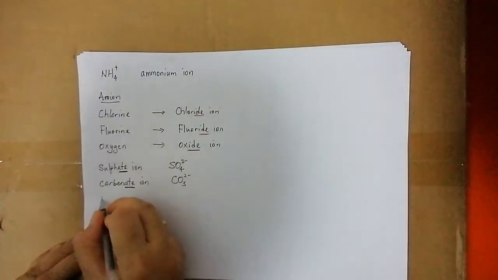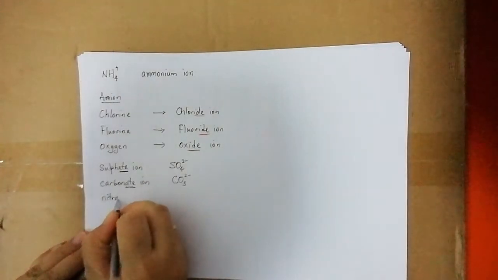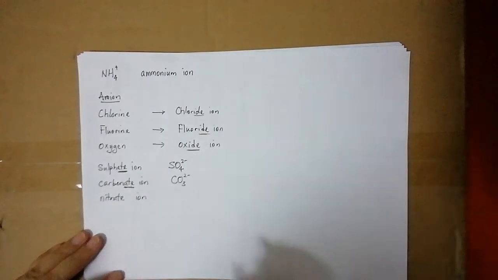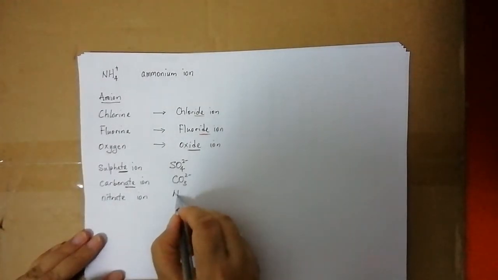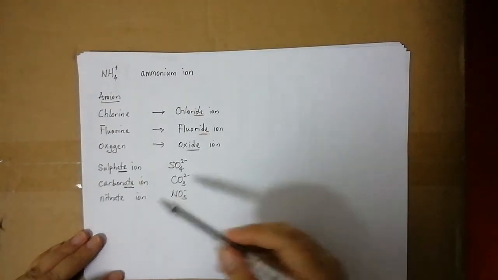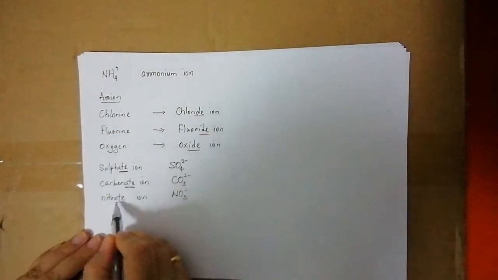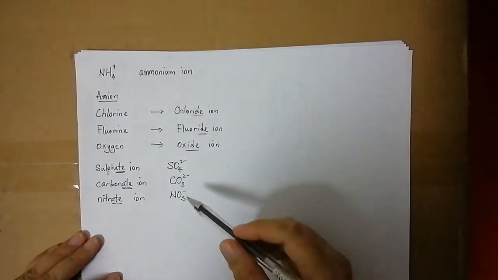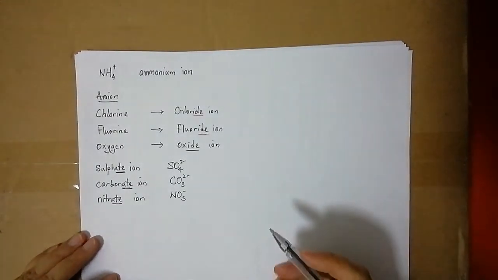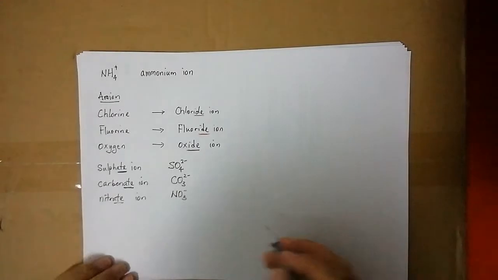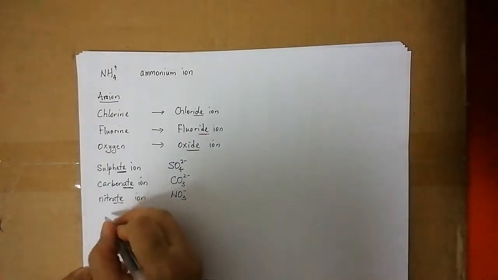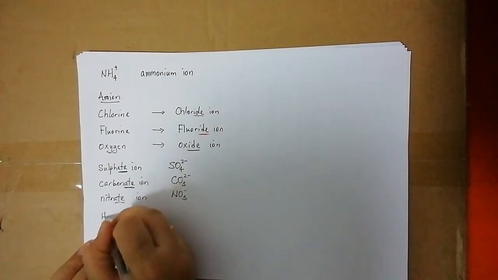And then you have nitrate ion, NO3 negative. So this ending of ATE here shows that it has many oxygen. And there are also other combined ions like hydroxide ion.